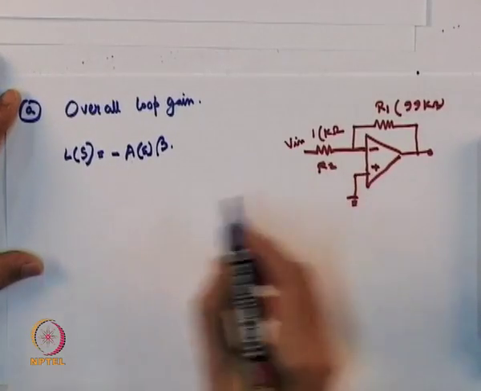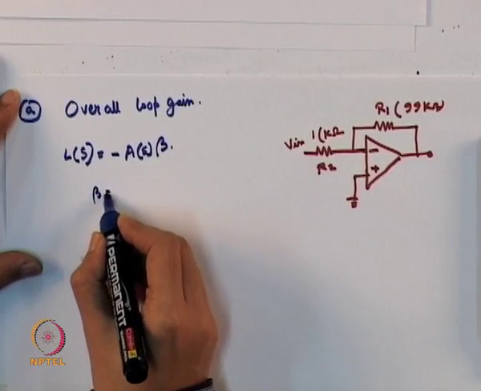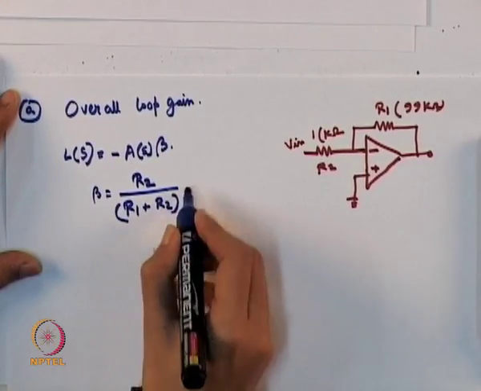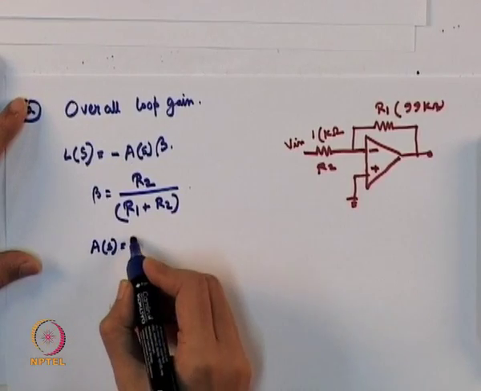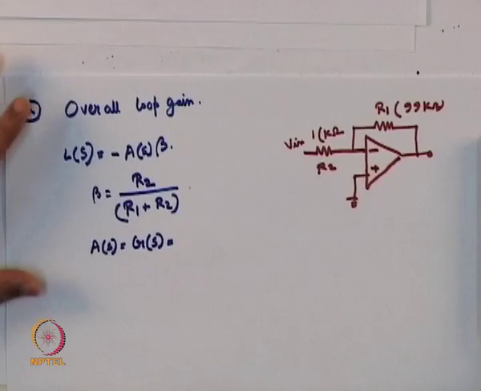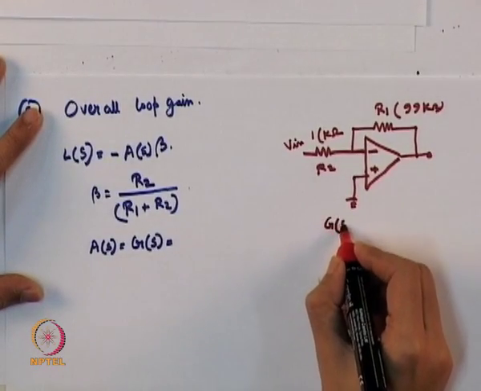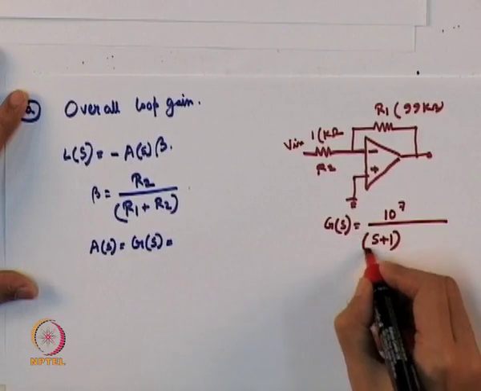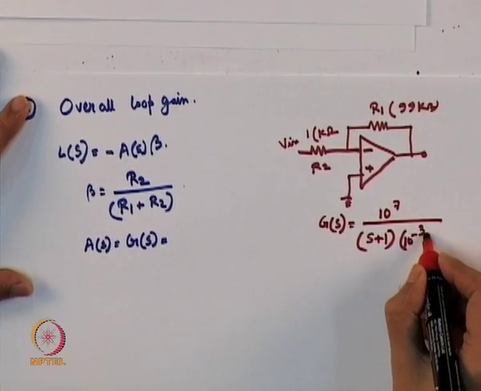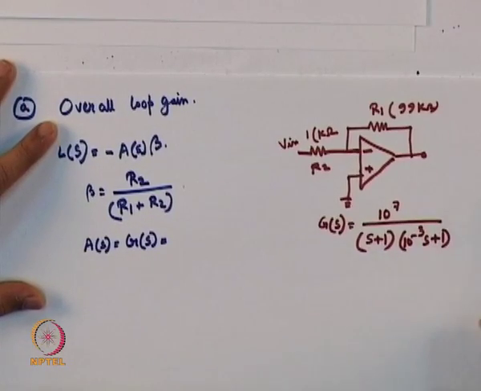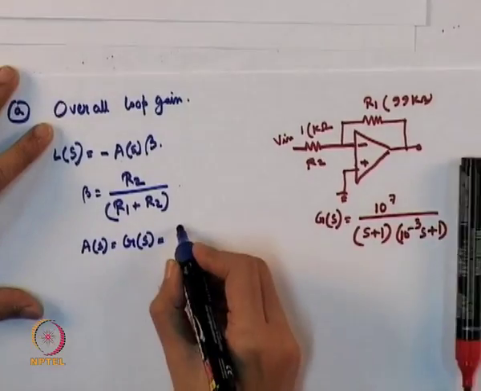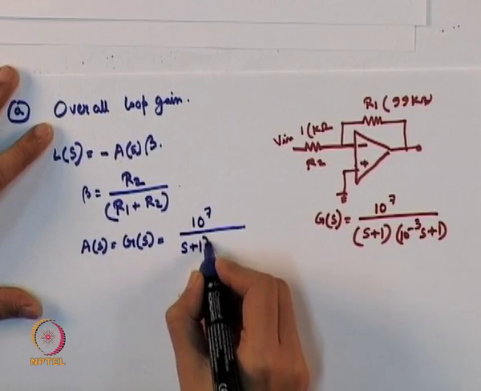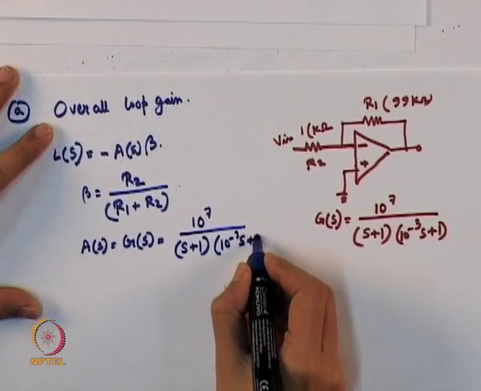In this circuit, beta is R2 by R1 plus R2, and this As is actually Gs, the open loop gain, and the value of Gs is 10 to the power 7 by (S plus 1)(10 to the power minus 3 S plus 1).